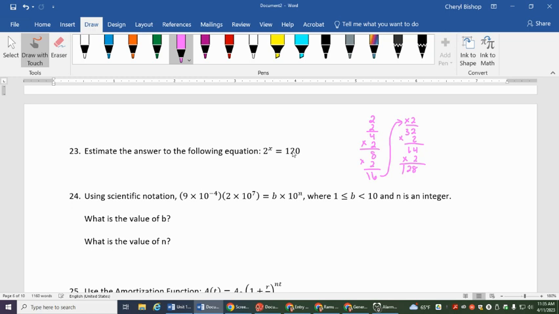Because I'm trying to get 120. So 64 and 128. It takes 1, 2, 3, 4, 5, 6 2s to be 64, and it takes 7 2s to get to 128. So that means x has to be between what two numbers?